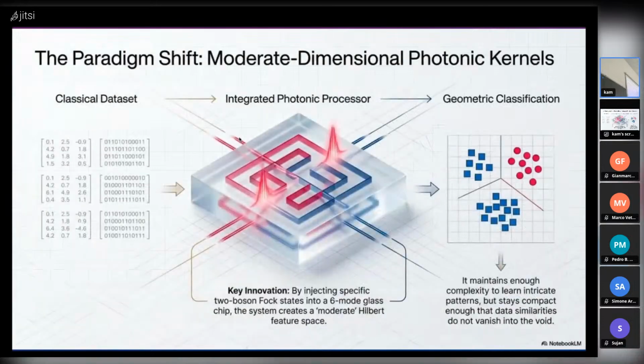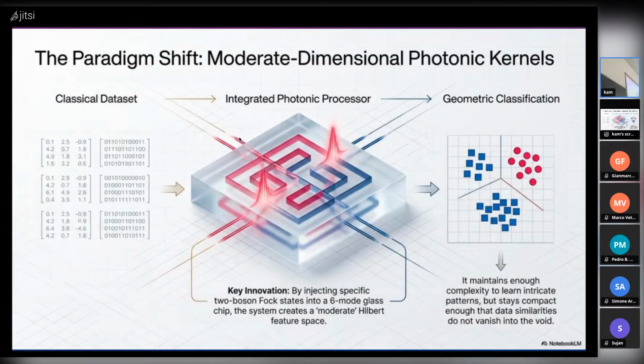What I want to talk about is that in that experiment, they have just a 6-mode setup, very simple, on the table. You have a glass strip with 6 modes, it's just a cartoon. Then you inject a specific 2-boson Fock state.